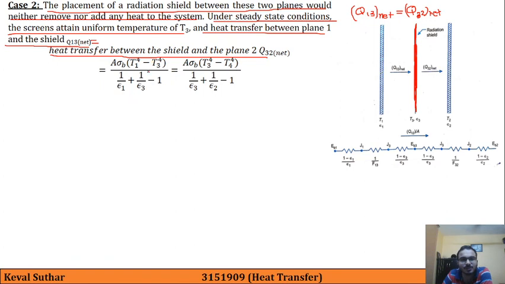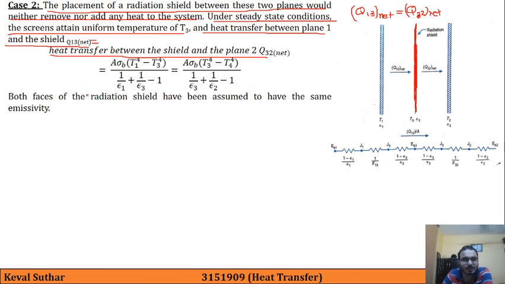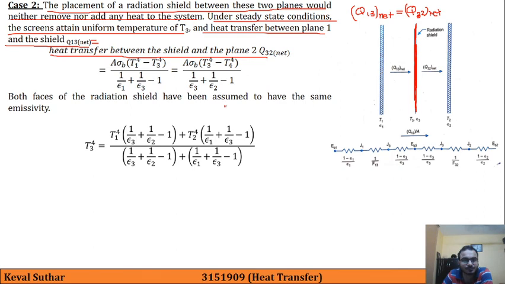So the same formula is applicable here, which we have seen in our previous slide in detail. Now let us say both are having the same emissivity, then we can obtain this formula for the T3 value. Because of limitation of time we are not deriving this, so we have obtained the value of T3.